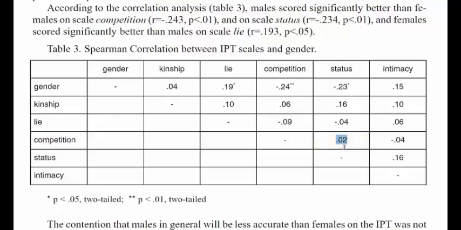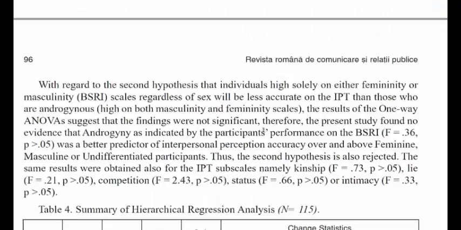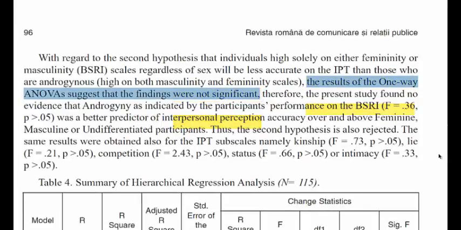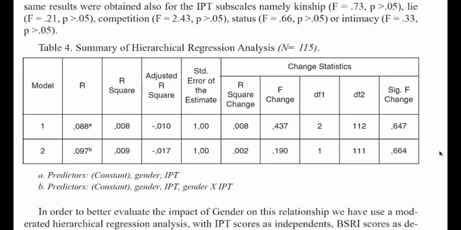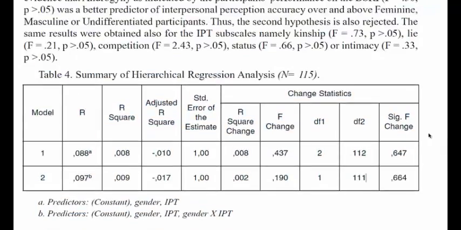Number 7, were the results of the one-way ANOVA statistically significant? For that, we have to turn to the next page, and you can see that they tell us the one-way ANOVA findings were not statistically significant. And then finally, the regression analysis. Even though this is a little higher level, we did discuss how you can tell whether something is statistically significant or not.